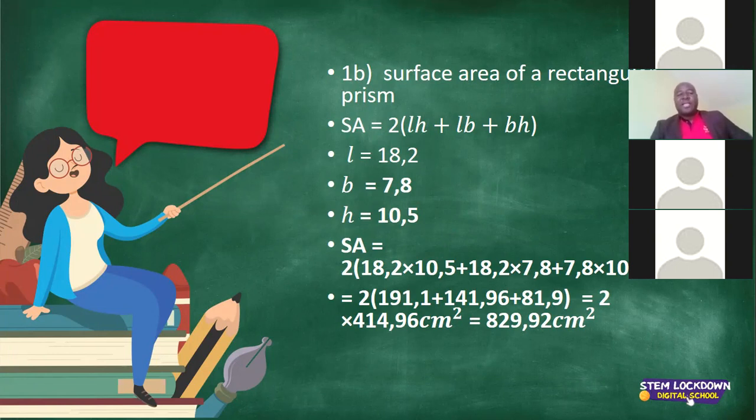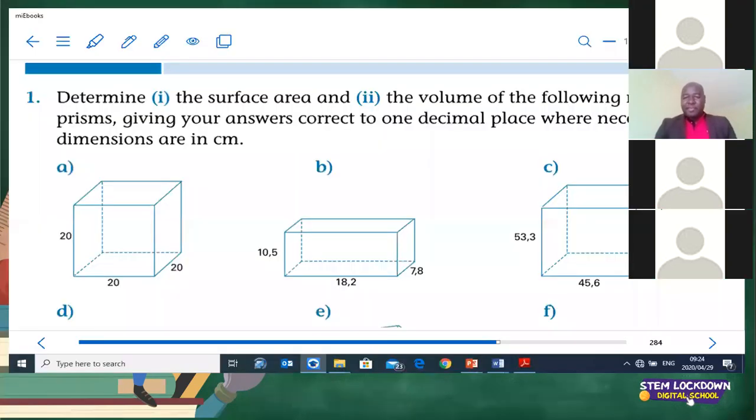We have agreed that the length is 18.2, the breadth is 7.8, the height is 10.5. Then you will be able to find that this gives you 829.92 square centimeters. That will be the surface area of this rectangular prism.